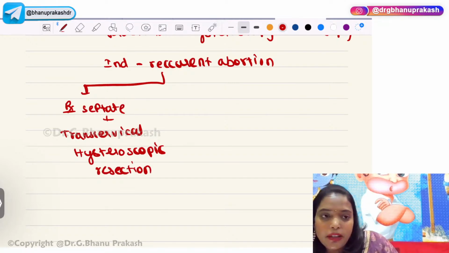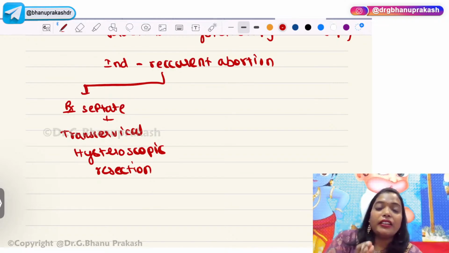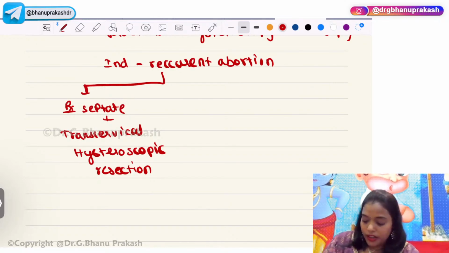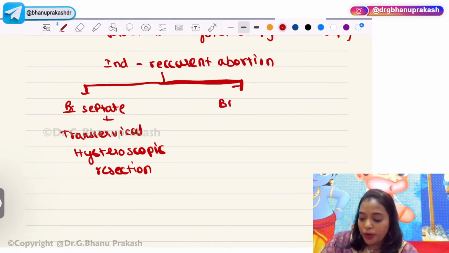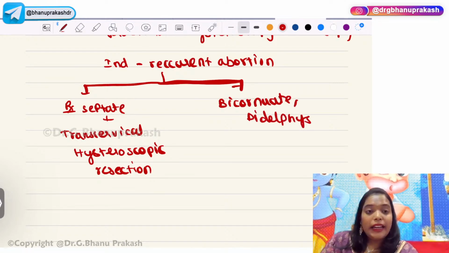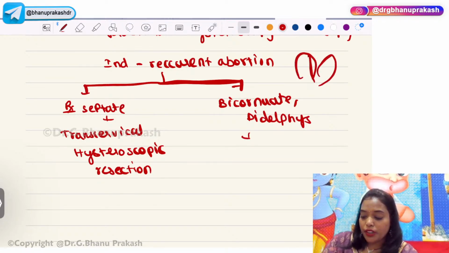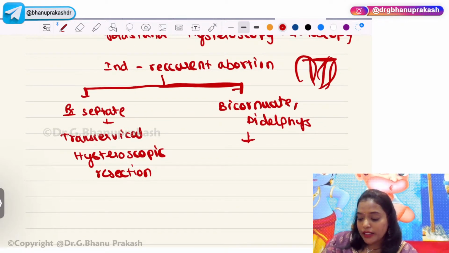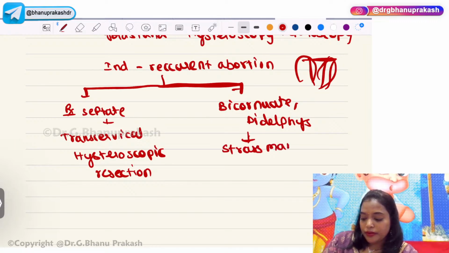So if there is a septate uterus, you will do transcervical hysteroscopic septal resection. And if it is a bicornuate or didelphys, then you will remove the medial half of the uterus and join the entire uterus as a single uterus. That is called Strassman's metroplasty.